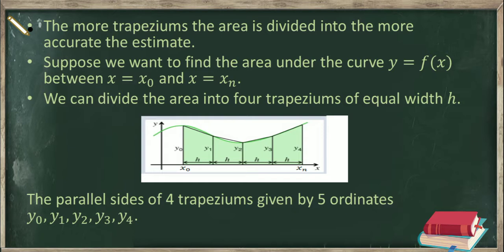The initial point is x0 and the last point is xn. We divide this area into 4 trapeziums of equal width h. The parallel sides of the 4 trapeziums are given by the five ordinates y0, y1, y2, y3 and y4.